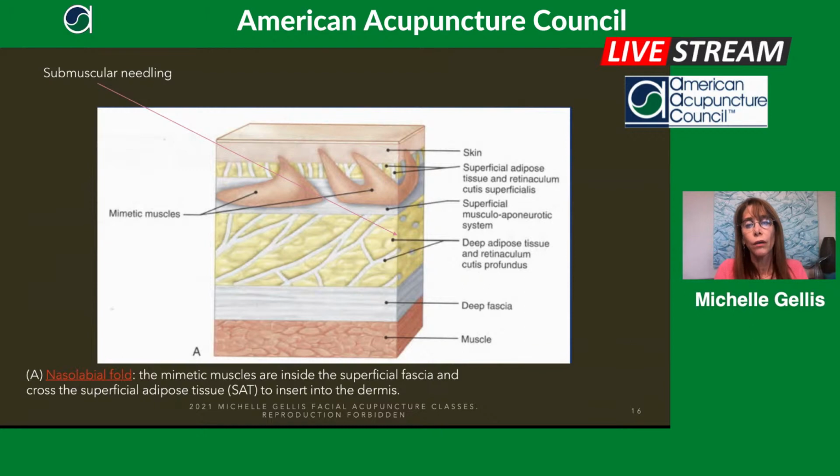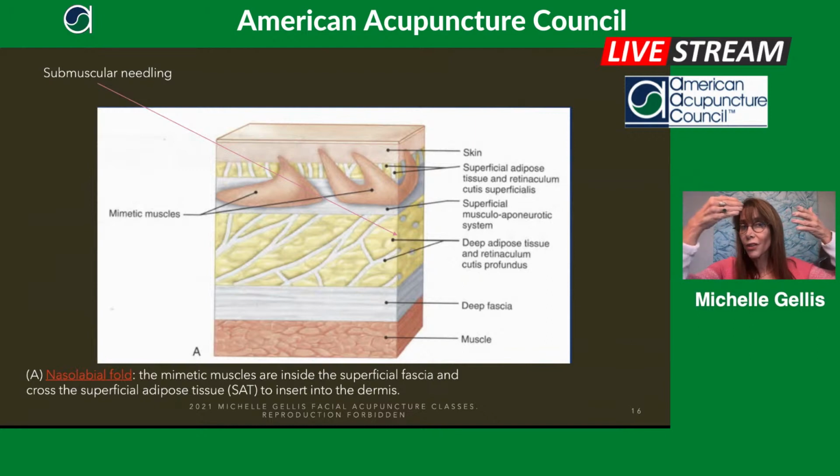So I have a quick video that I'll show in a moment, but you can use this to work underneath the masseter. You can use this to work along the attachment points for the platysma. You can work into and underneath the anterior digastric. You can work underneath the corrugator muscles.